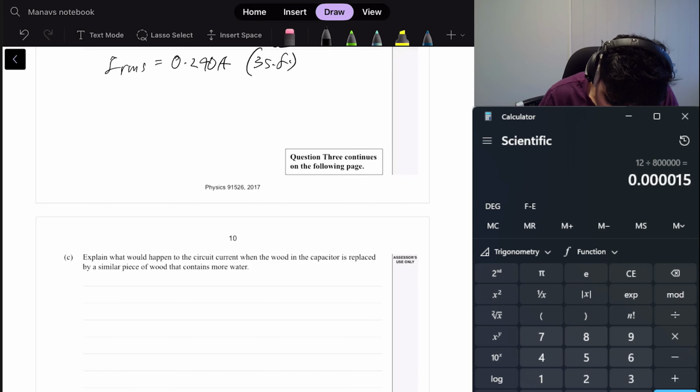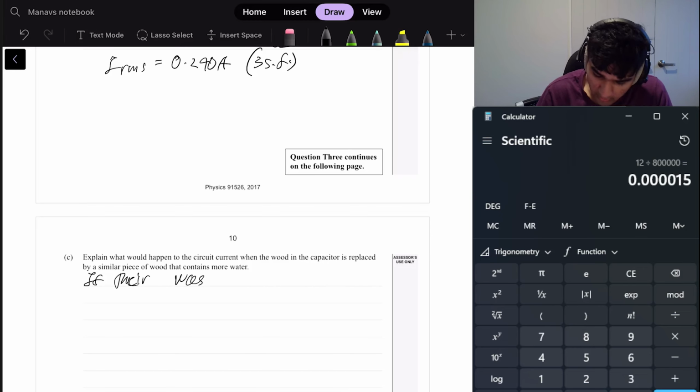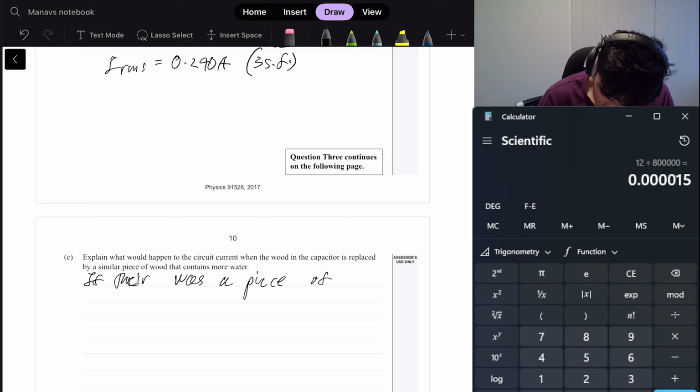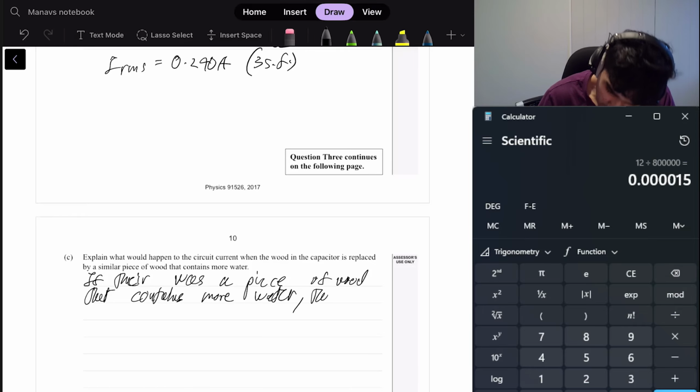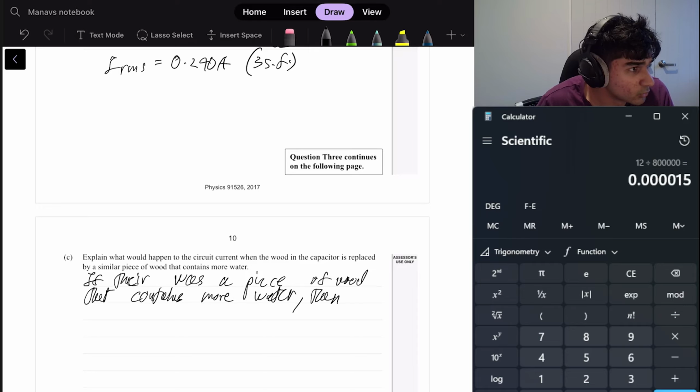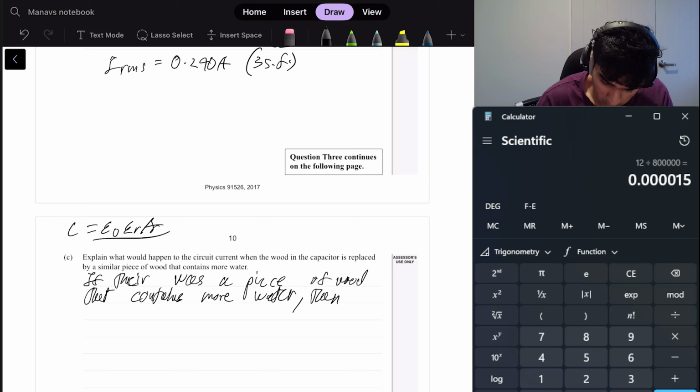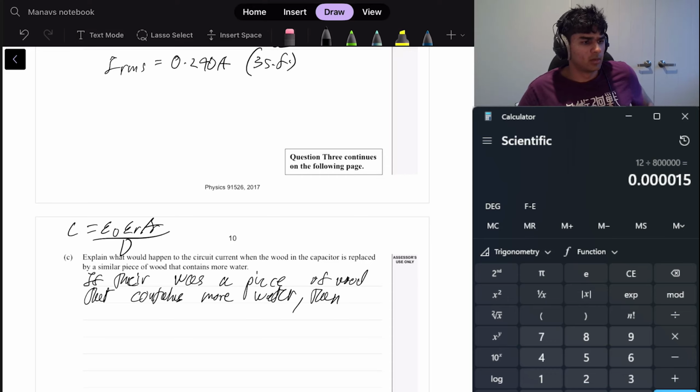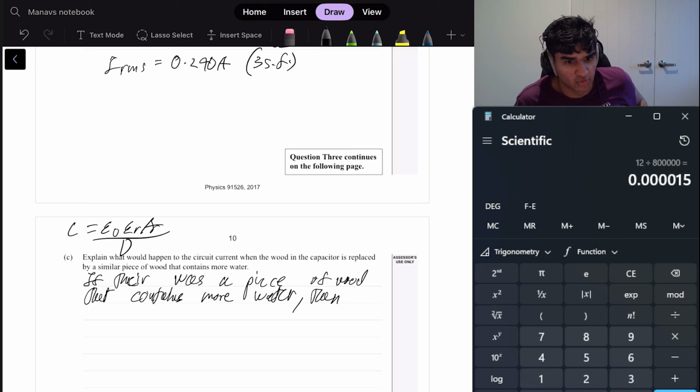If there was a piece of wood that contains more water, then this is linking back to the equation here, where epsilon R is the dielectric constant of the wood.